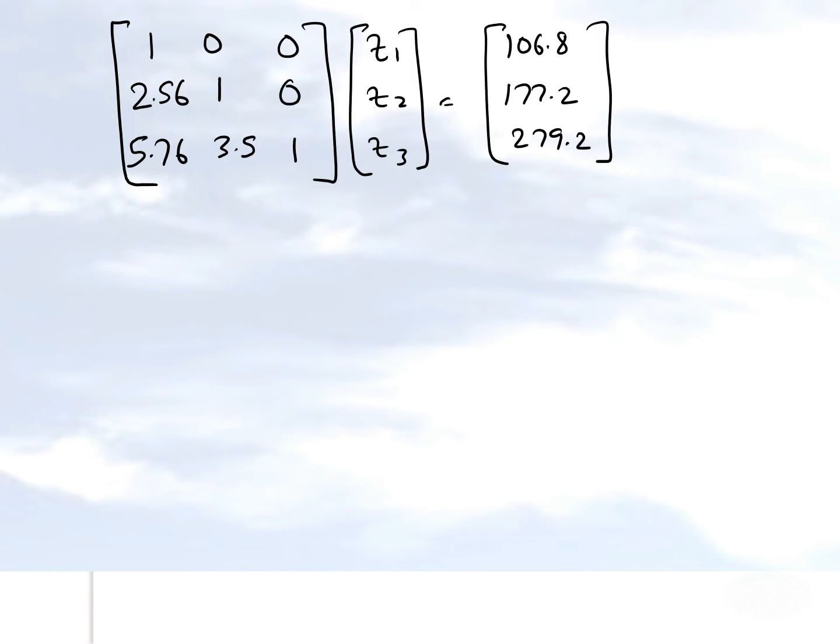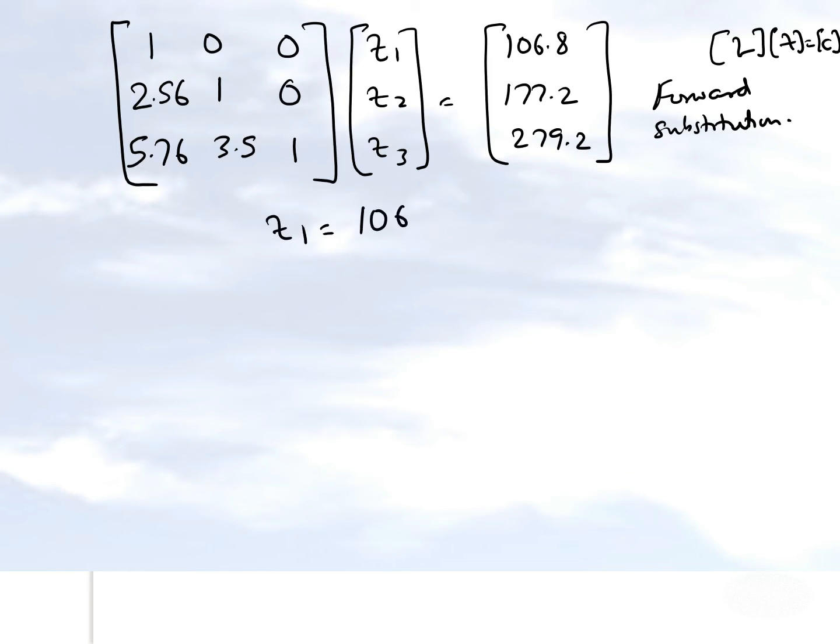And as you can see, we'll solve it by using forward substitution. So this is L times Z equal to C, and the part of the LU decomposition method we are doing here is forward substitution. If you look at the first equation, we'll have Z1 equal to 106.8.